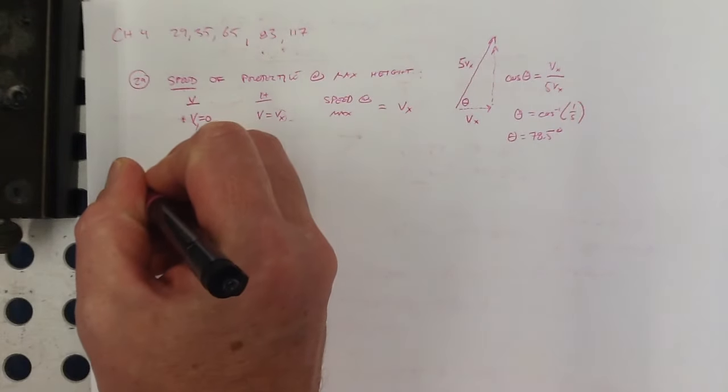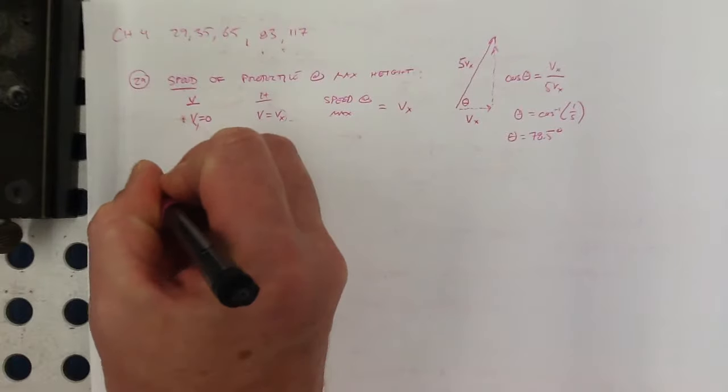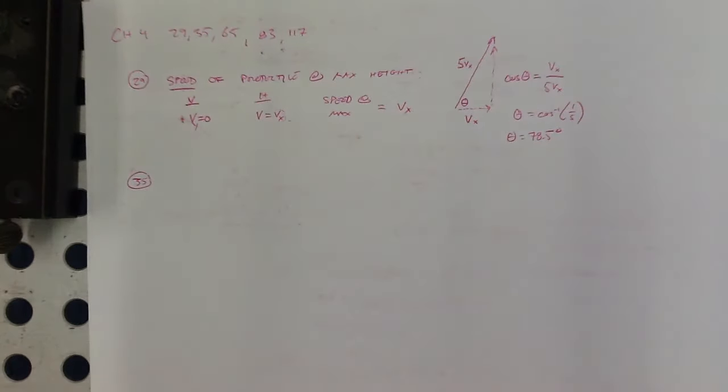All right, next is 35. A rifle that shoots bullets at 460 meters per second is to be aimed at a target that is 45.7 meters away. If the center of the target is level with the rifle, how high above the target must the rifle barrel be pointed so that the bullet hits dead center?